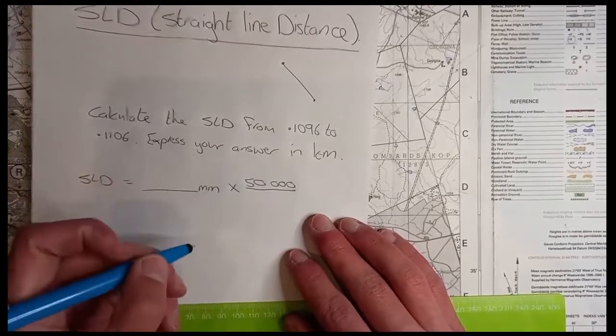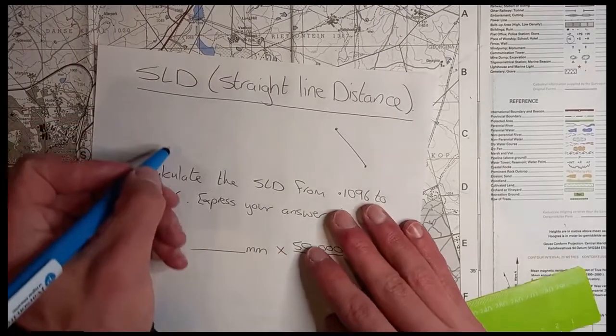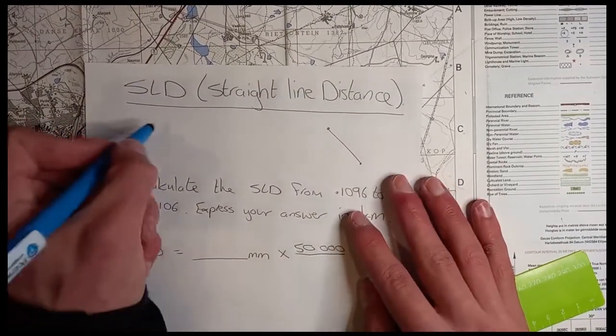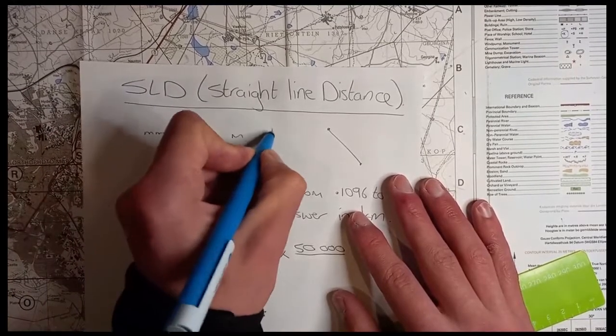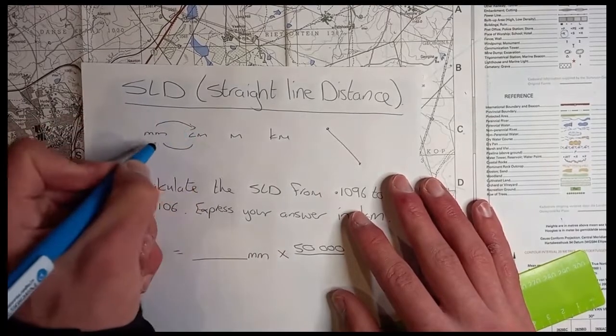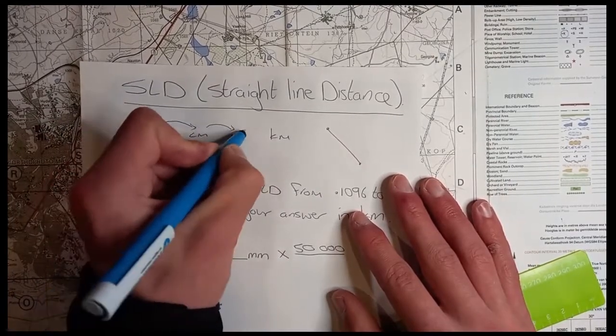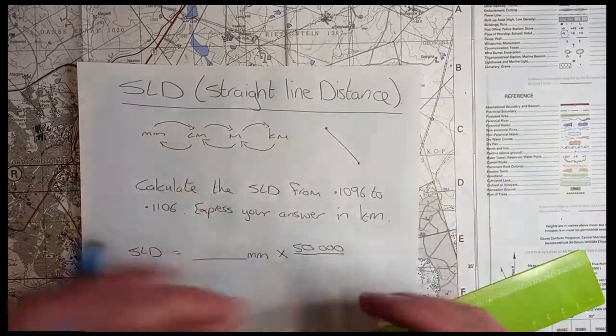Looking at our formula, we have the measurement in millimeters times our scale, which is 50,000, and divided by a conversion, right? This is how the conversions work. You have millimeters, centimeters, meters, kilometers. This is how you convert from one to the other.